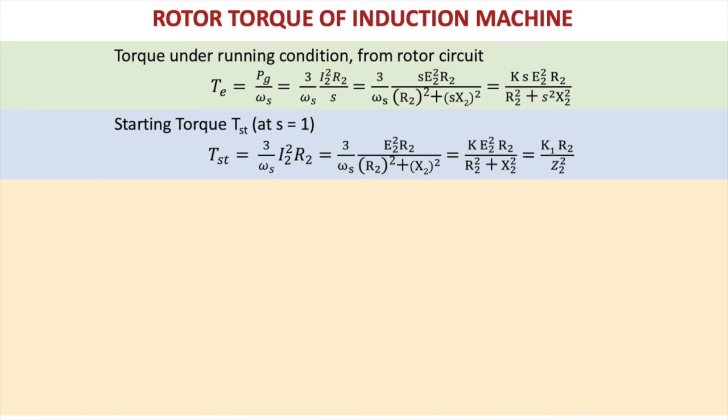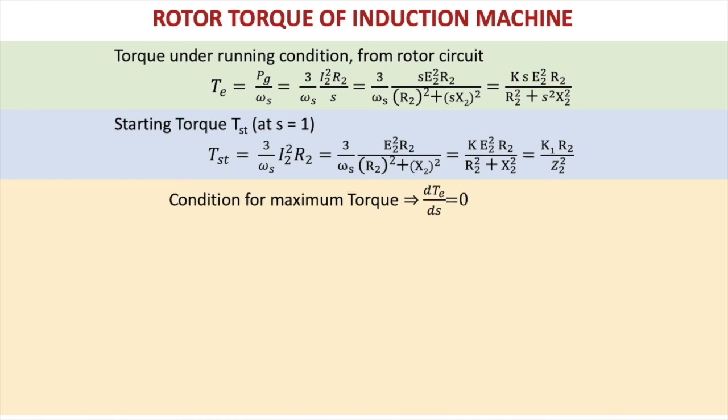For calculating the starting torque, in the previous generalized torque equation, we substitute s equal to 1. So when s is equal to 1, you get the starting torque equal to 3 by omega s, I2 square R2. Substitute the rotor current values and you will get the starting torque equal to K1 R2 by Z2 square, because K1 is constant. Hence, it will be dependent only on the rotor resistance and its impedance.